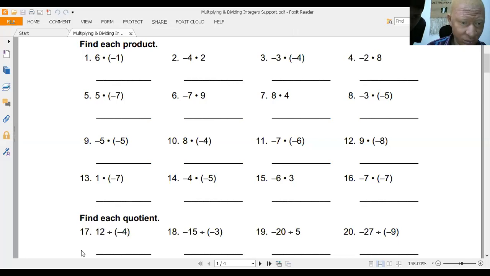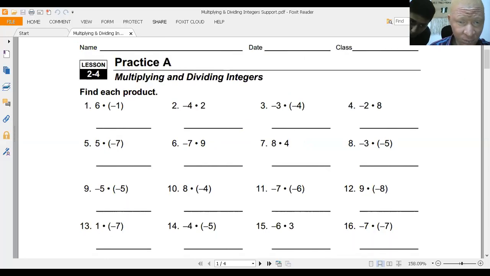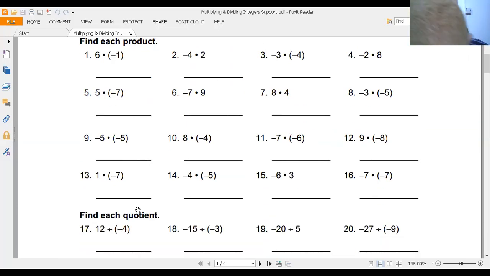There's no chart. It can't come up. One minute left. Okay, no problem. So I want you to copy question number 1 to 20. And this is where we are going to end the class today.